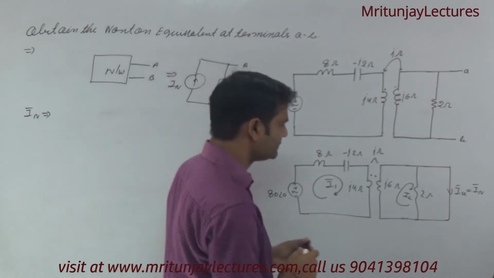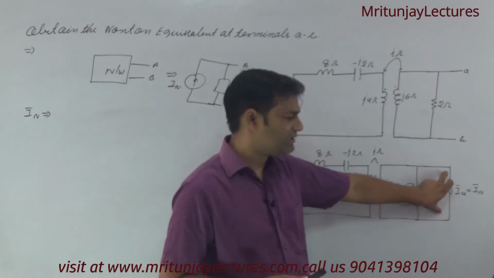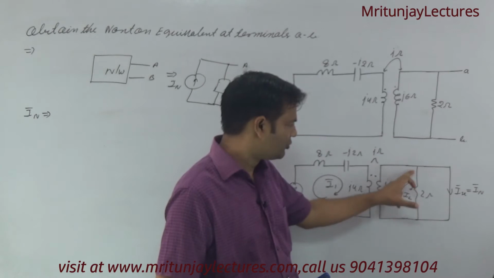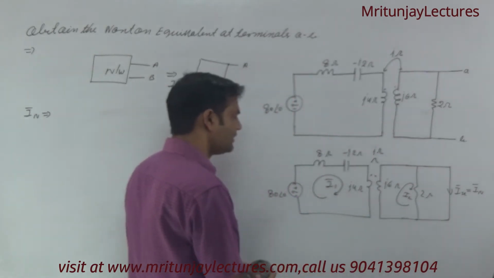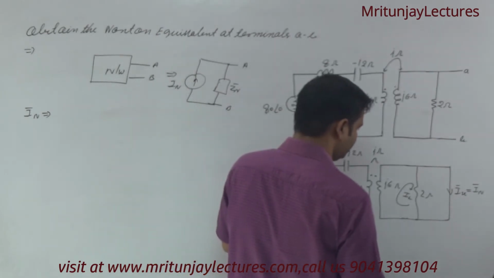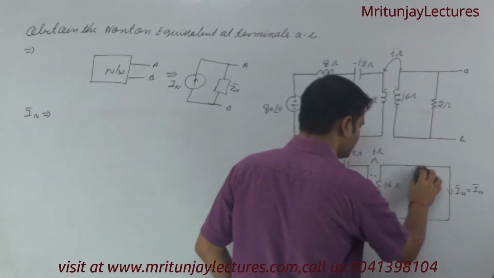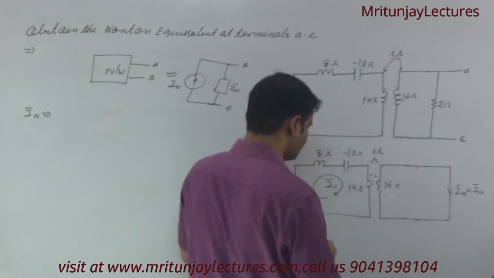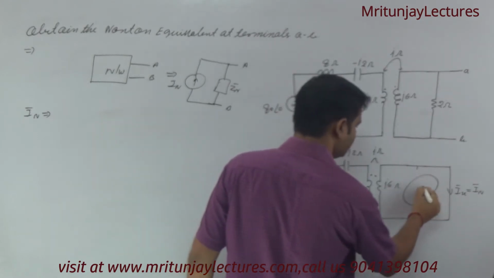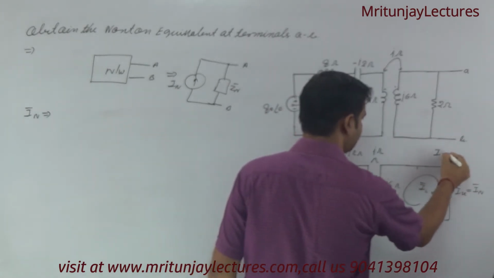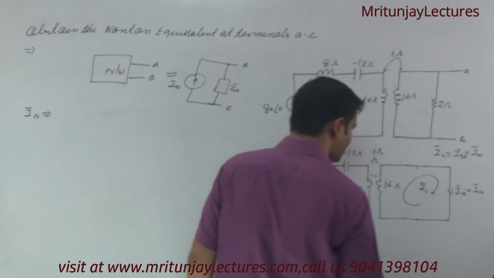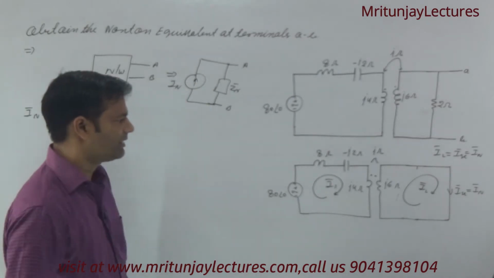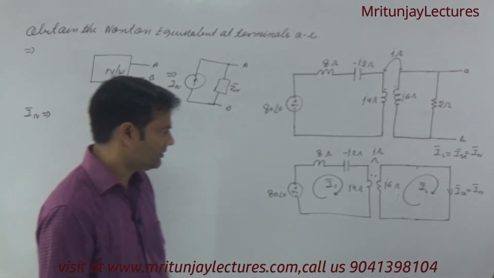Now the voltage across this one is 0, so no current flows in the 2 ohm resistance, so this one is a dummy resistance. You can remove the 2 ohm resistance. So I2 is equal to ISC, or you can say IN. Clear? First of all determine IN.